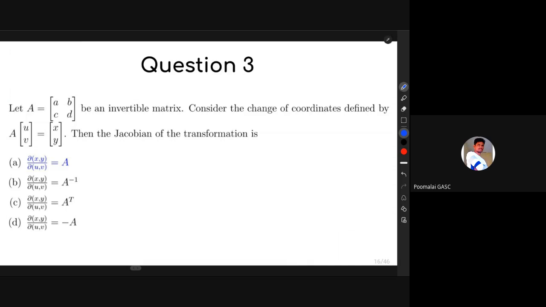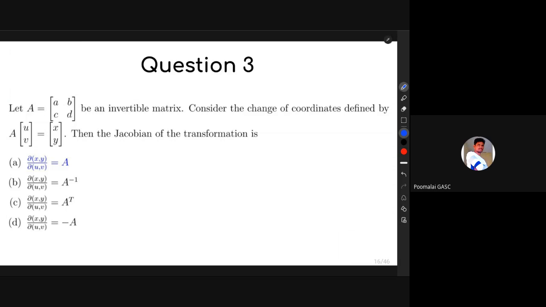Okay. So now we can move on to discuss question number 3. In this question, the change of variable is given by an invertible matrix, and we need to find the Jacobian of this transformation.